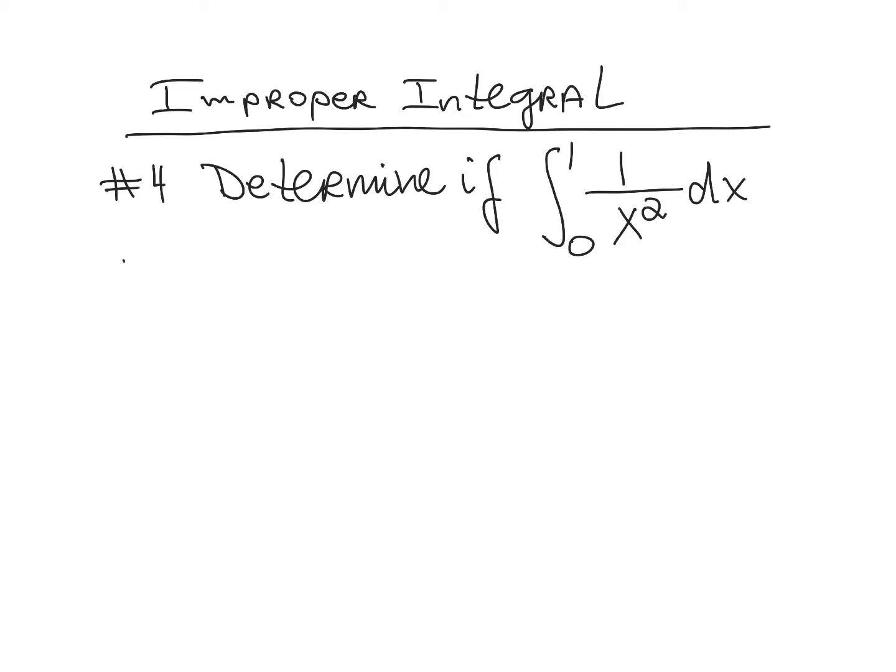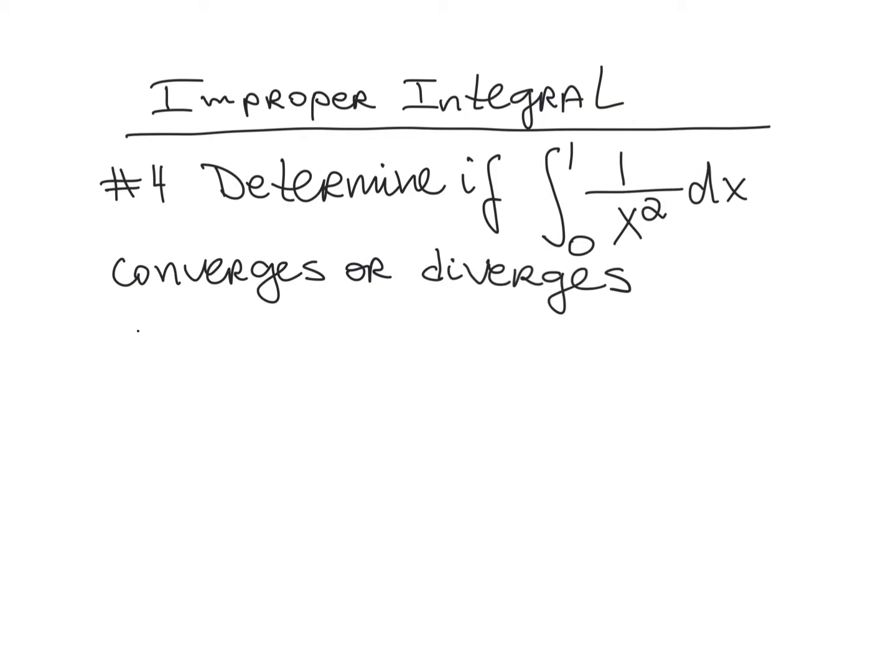So first we want to see or explain why this integral is improper. The function is 1 over x squared over the interval 0 to 1. We can see that the function is undefined at 0.